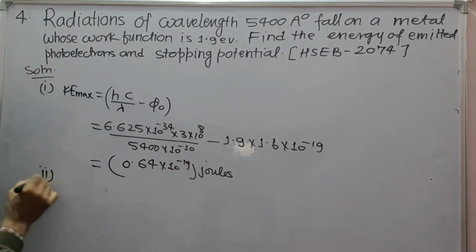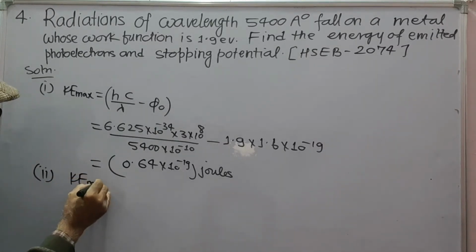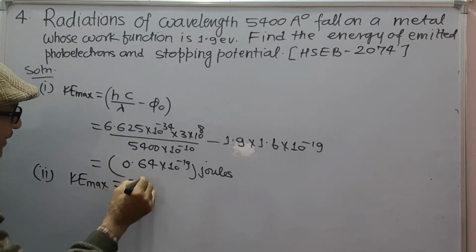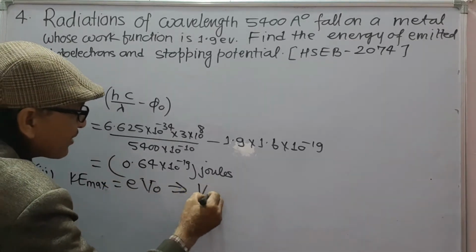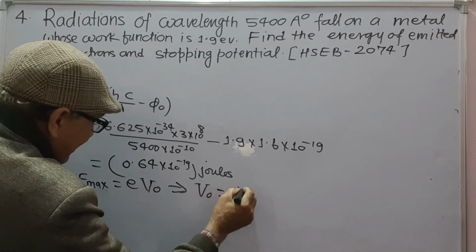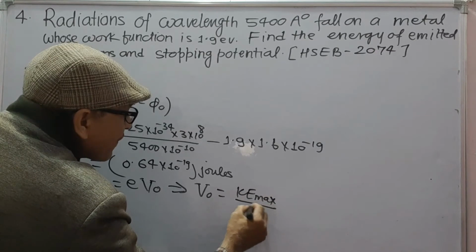Now the second part: kinetic energy, or KE max, is equal to e times V naught, the stopping potential, which gives the stopping potential as KE max upon e.